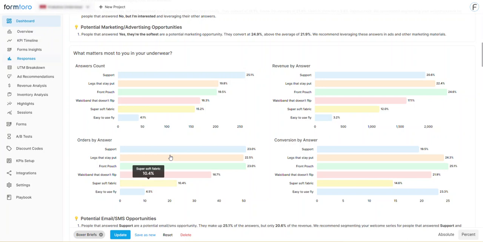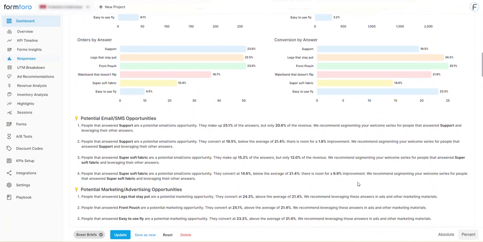So for instance, if 15% of people are saying super soft fabric, it's kind of hard to show people what super soft fabric is. It's also low on the revenue here, and way below the average in terms of conversion rate. So we're going to see this showing up a couple times here, both on the revenue and on the conversion rate. There's space there.